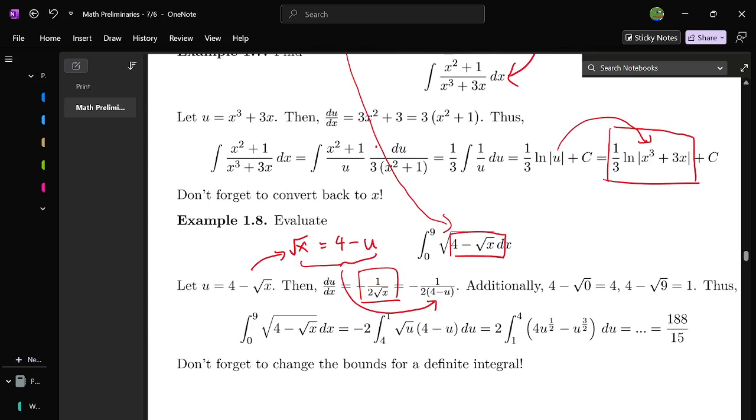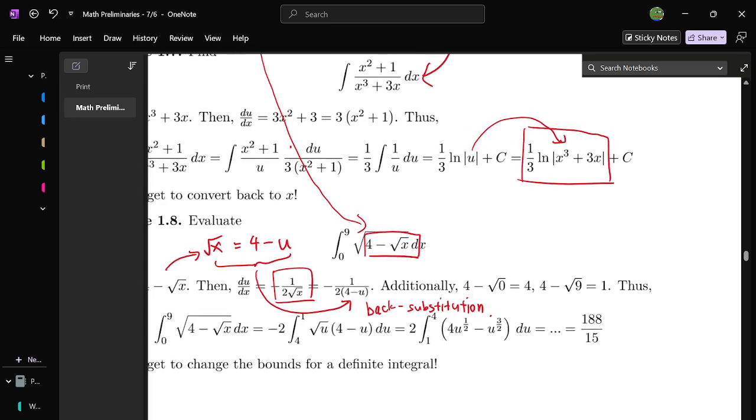So this is quite a common trick also. I usually just call this back substitution, where you have written u in terms of x, and then afterwards you have some expression of x, then you write x in terms of u again. So this is what I call back substitution.